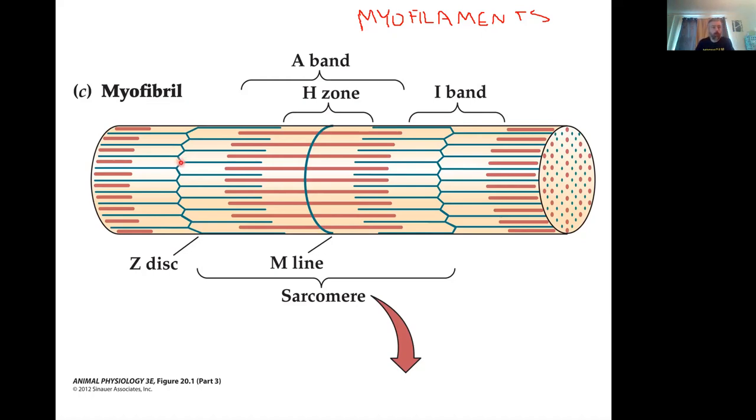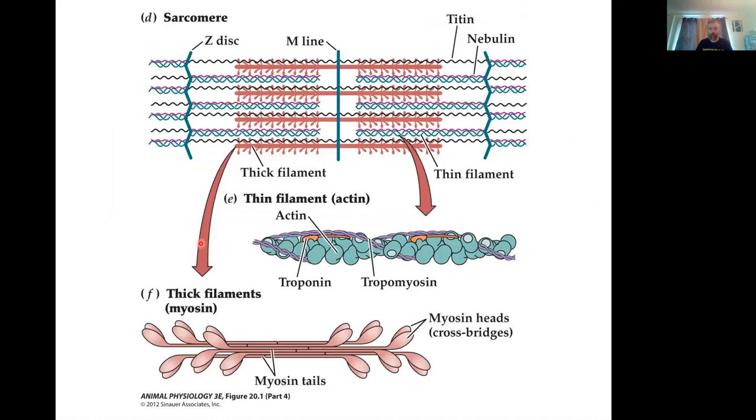They get pulled towards the M line on either side. And so the sarcomere, from Z disc to Z disc, is the functional unit of the myofibril. Okay, so we'll call it good there for this particular video. We'll come back, we'll spend a little bit of time thinking about how we actually make this stuff work, and from there we'll move on to other, perhaps more exciting things.